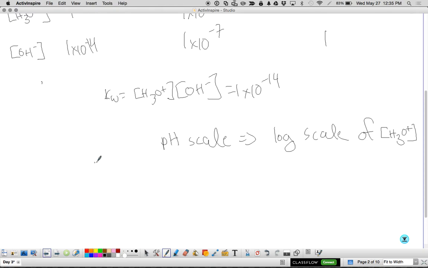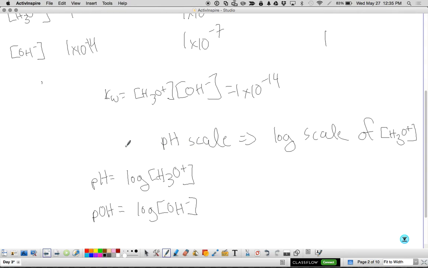Okay. And the equation for pH is log of concentration of H3O+. All right? So I could also do pOH is log concentration of OH minus.